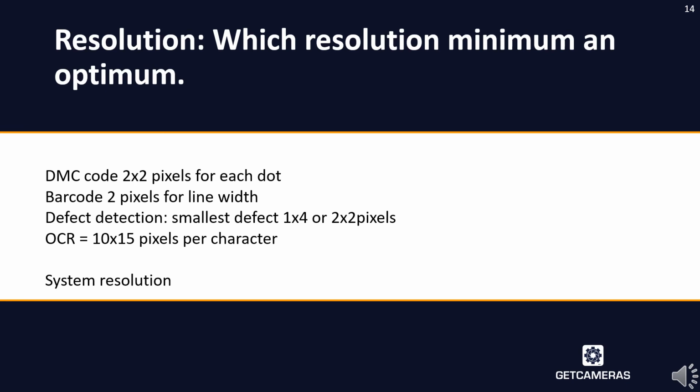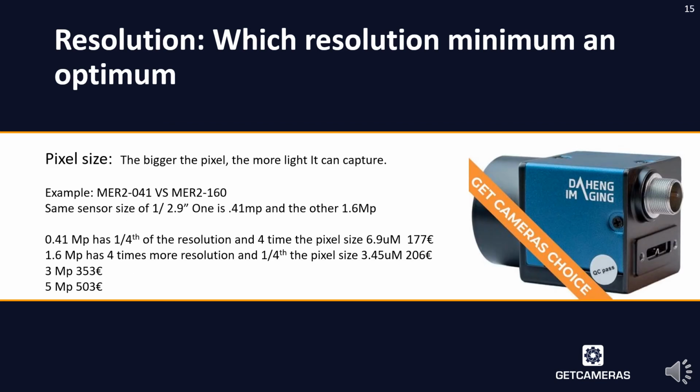Besides the total amount of pixels, of course, there are other important things about the camera resolution. Besides the total system resolution, so how many pixels you have, how many million pixels, what is important to consider is also the kind of pixel you have.